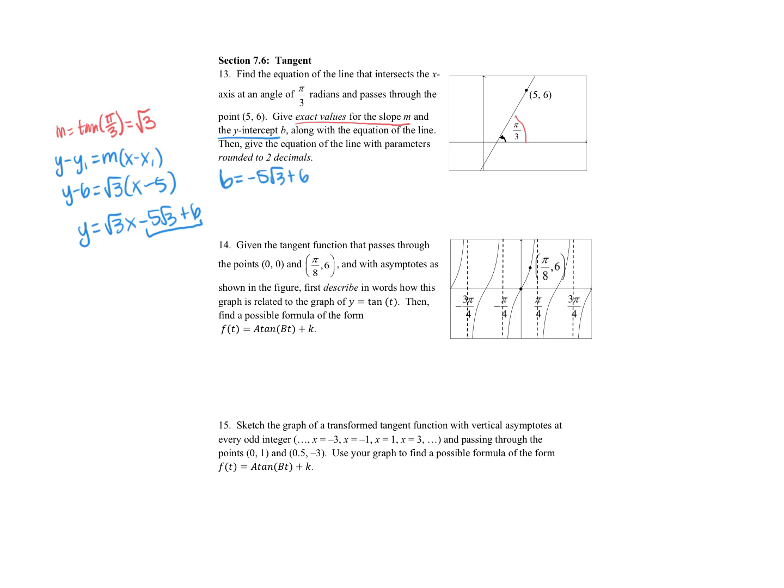So I found the m, I found the b, and the next thing it asks for is the equation of the line. And so the equation of the line is here. So I've written the equation of the line there. And then the next thing it wants, the equation of the line with the parameters rounded to 2 decimal places. So it's going to be y equals, and then the square root of 3 in decimals.